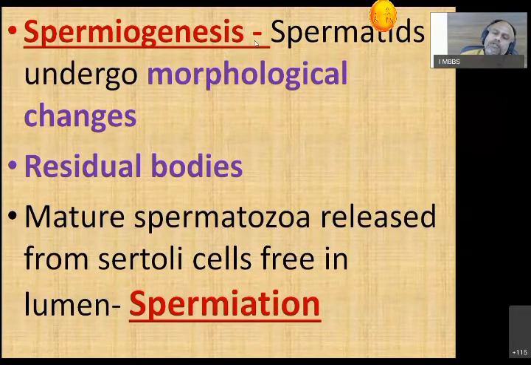Spermatogenesis is from the basic germ cell, from the basal lamina, to the formation of spermatid.